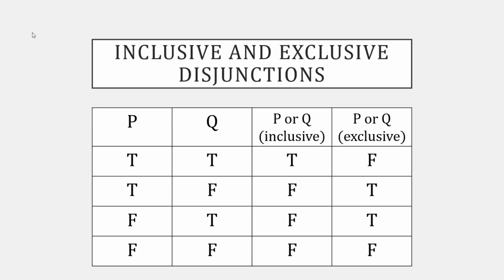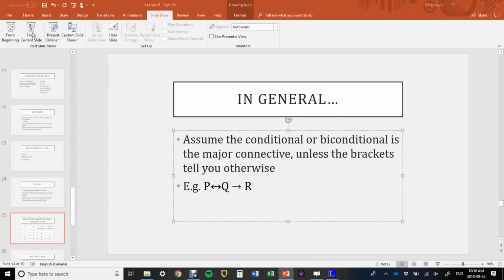There's a mistake in the truth table. Where? For the inclusive or, should all cases except the last be true? Yeah, that's absolutely right. Thank you.